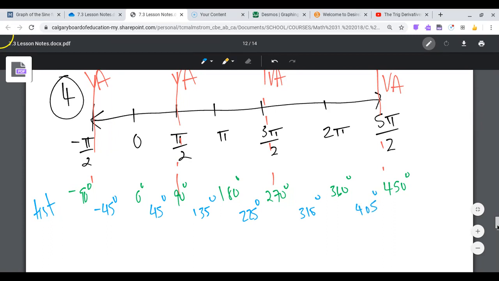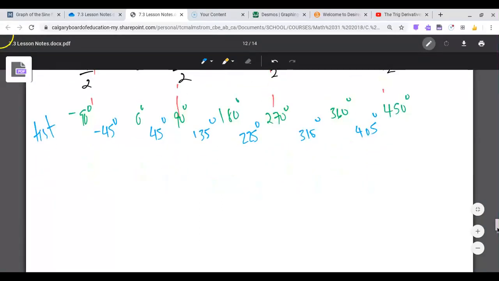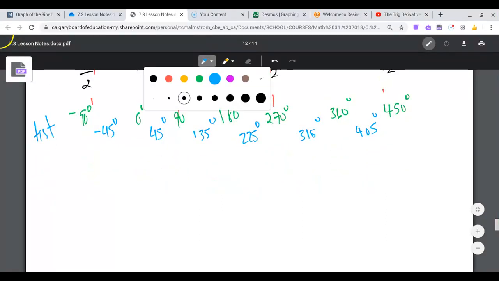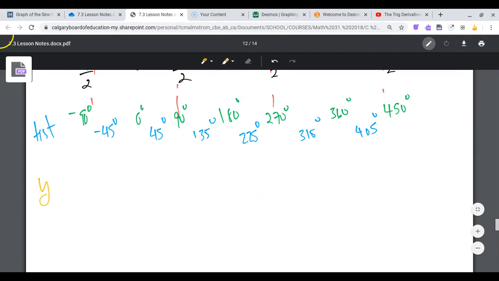And then you're just going to plop those into your second derivative to figure out your signs. Did it come out to be positive or negative? So when I put in my negative 45 degrees, or the negative pi on 4, if you're working in radians, the answer came out negative. When I put in positive pi on 4 or 45 degrees, it was positive. Then it went negative, positive, negative, positive.